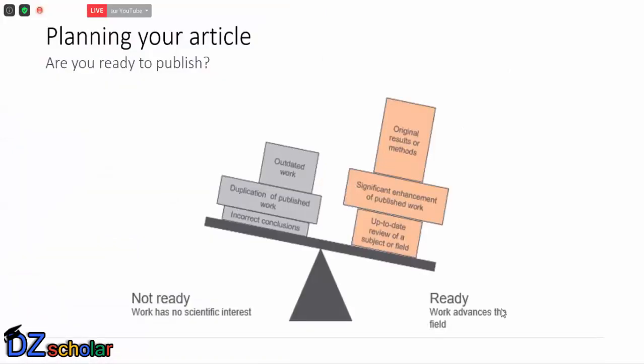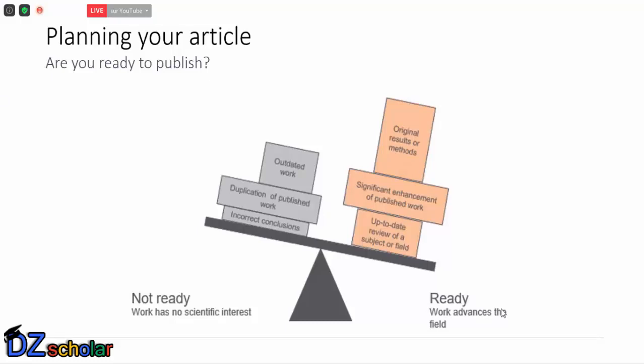So before you submit anything to a journal, it's useful to think through whether your work is ready for publication. You should not yet consider publishing if your work is very outdated. So we usually say if it's over 5 or 6 years old, you would want to update things before submitting it.